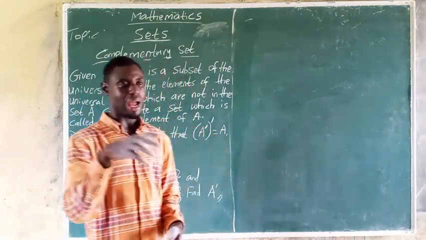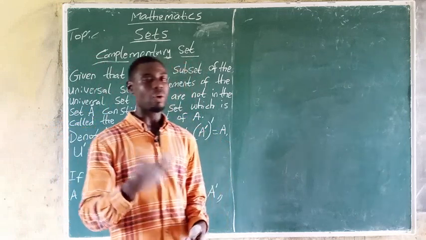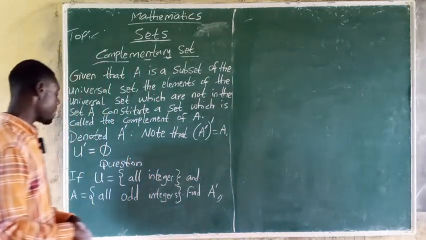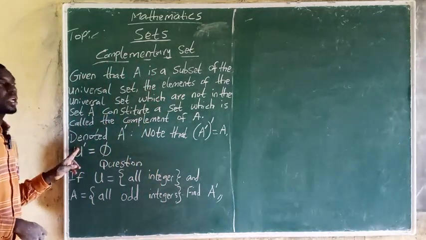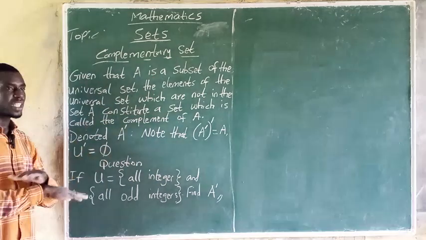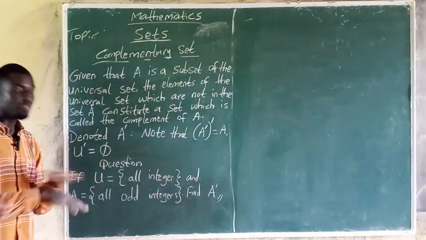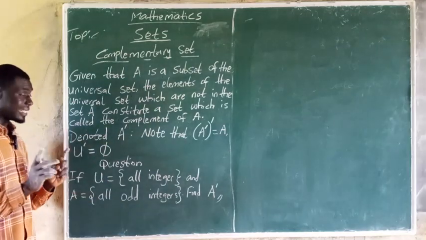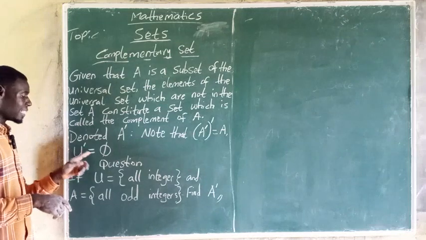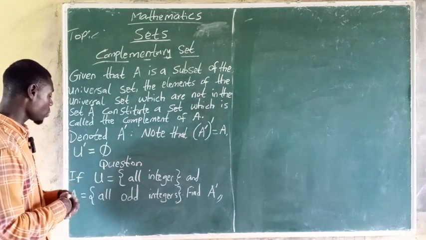In this maths, we are not calling that person a stranger, but we are calling that person a complement. It doesn't fit into the family. So note that in set theory, the complement of a universal set is always the empty set.